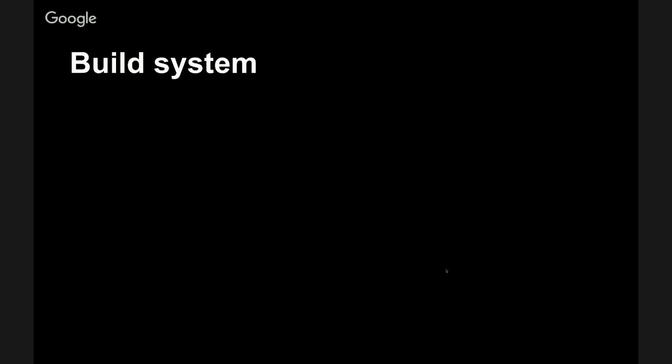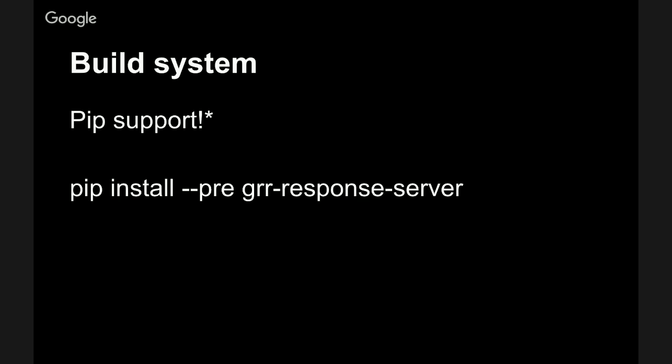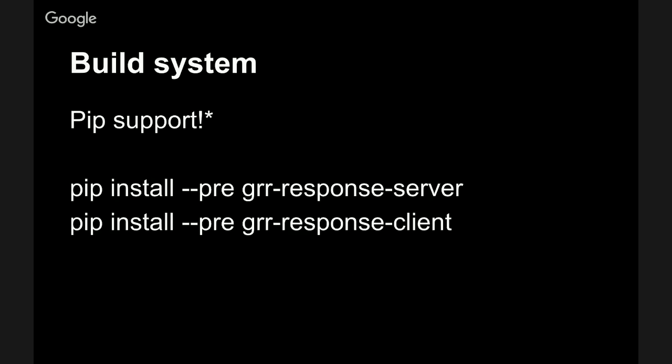Another large change we've made is the build system. As of now, you can actually pip install, which is a pretty big improvement over the way you needed to either get a development environment or install a server. There were quite a lot of dependencies, mostly installed automatically, but we've moved to a much more Pythonic way of doing this, so there's now a pip package.